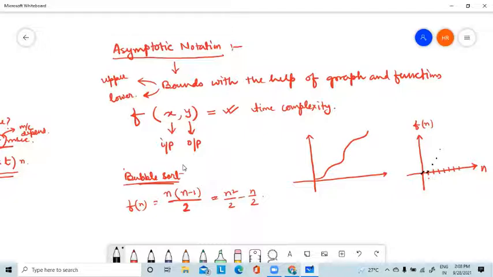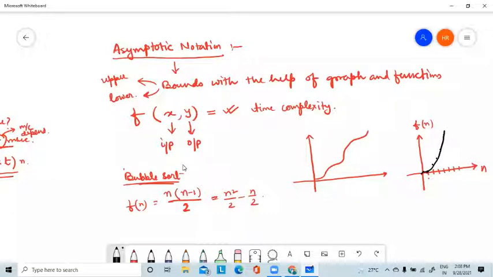So if we draw like this, the graph will be like this. From this representation, we can understand that this is the actual graphical representation of the time complexity of this bubble sort.